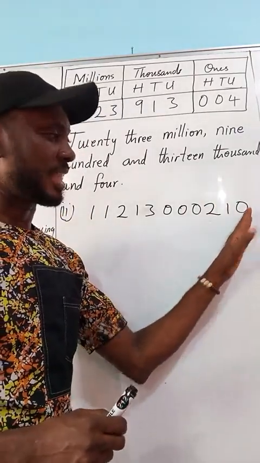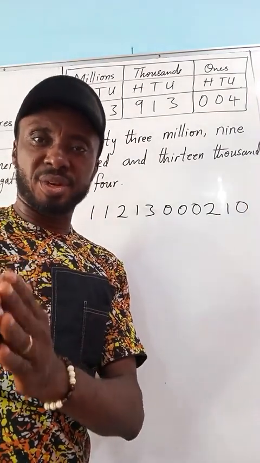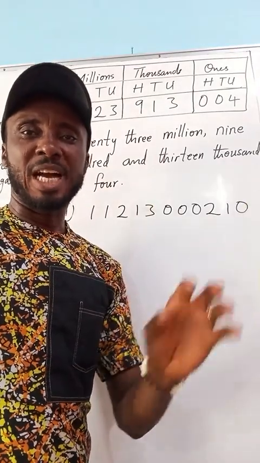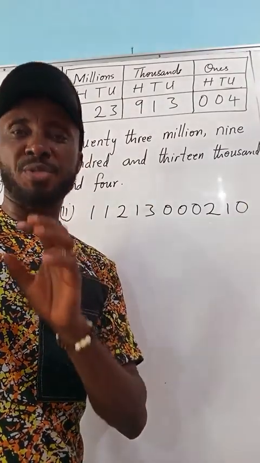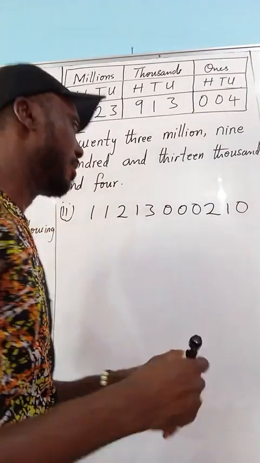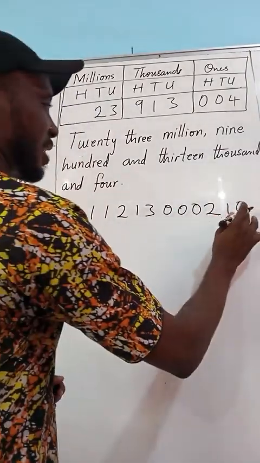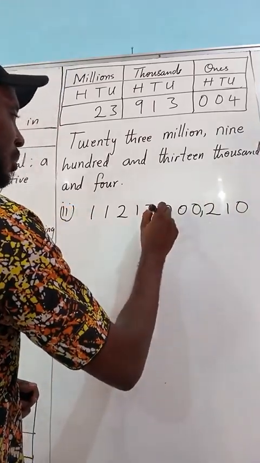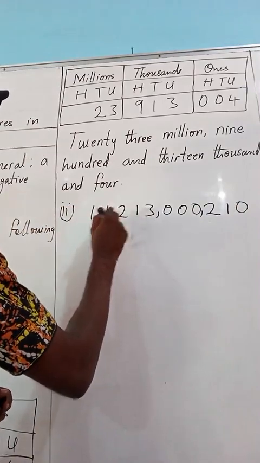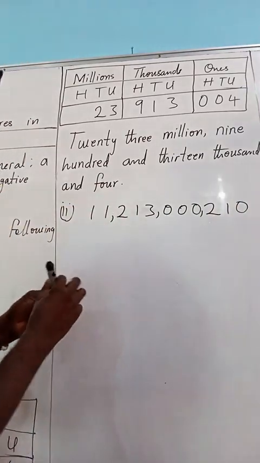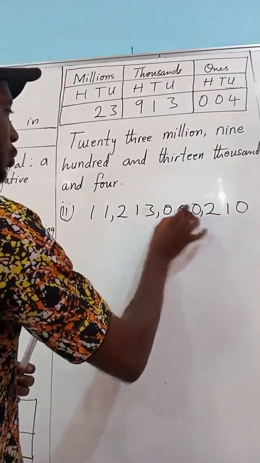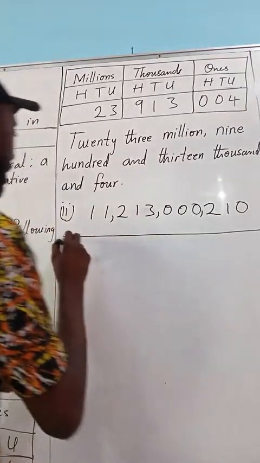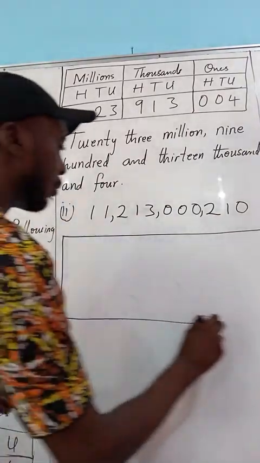You start from the unit side and split them into threes, and you now draw your house and put the numbers in group of threes in their proper places. Now let's start here. 1 2 3, you use comma to split. So we have group of 4 numbers. So the room you will make in the house will be 4.